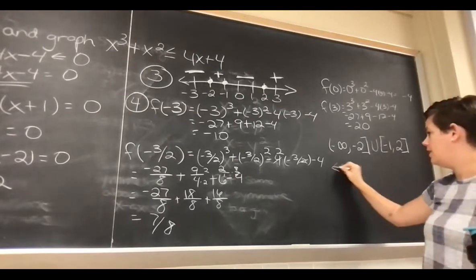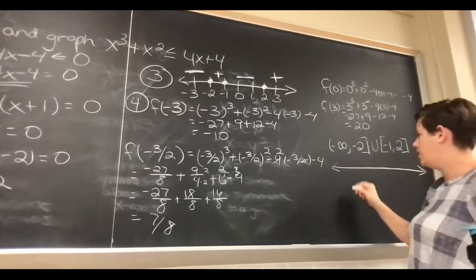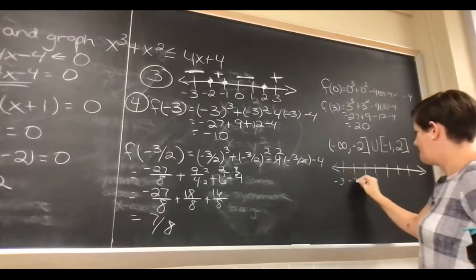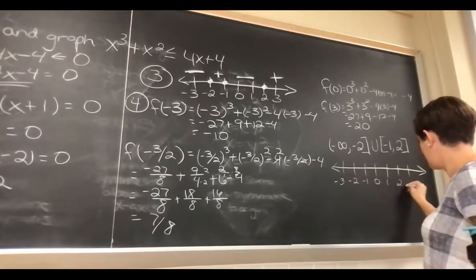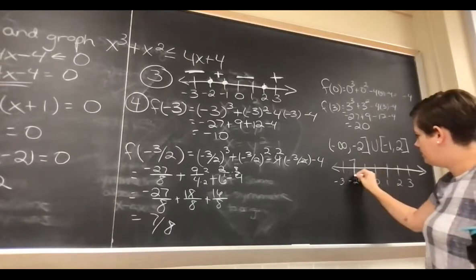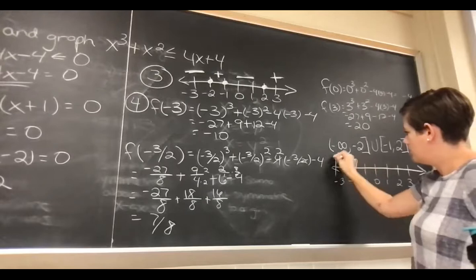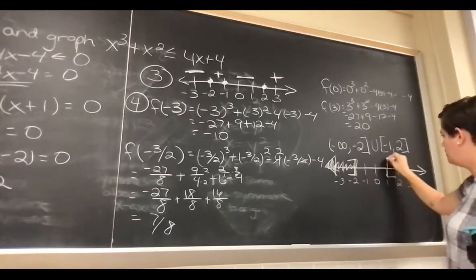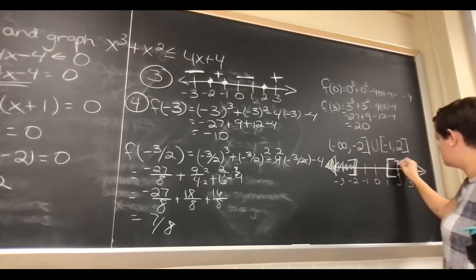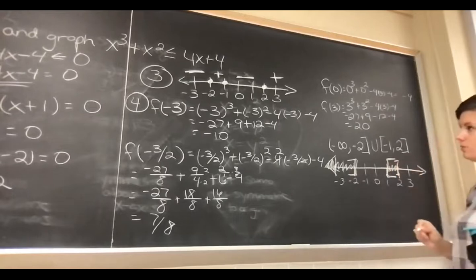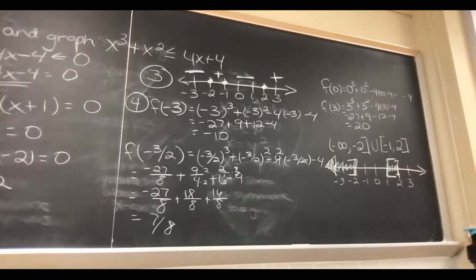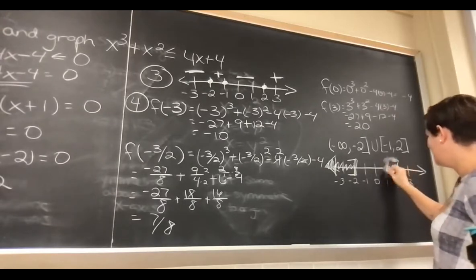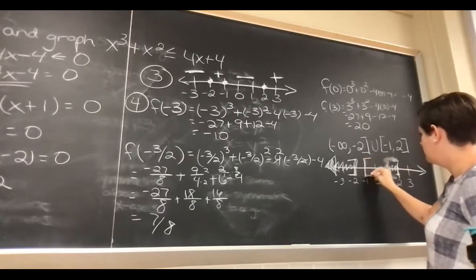If you had to graph that, you'd draw -3, -2, -1, 0, 1, 2, 3. You have a bracket at -2, big arrow, squiggles. Then you'd have a bracket at -1 and a bracket at 2. It's not that small an area, it's a little bit bigger.